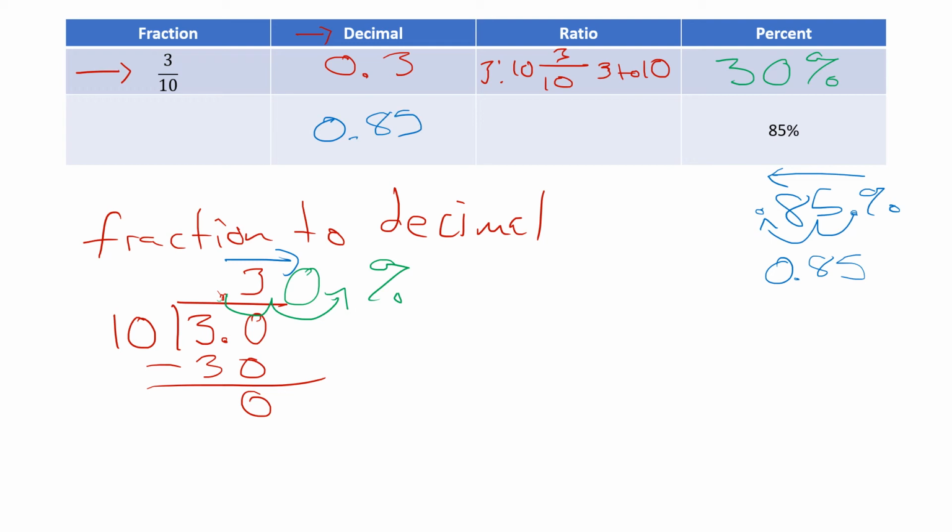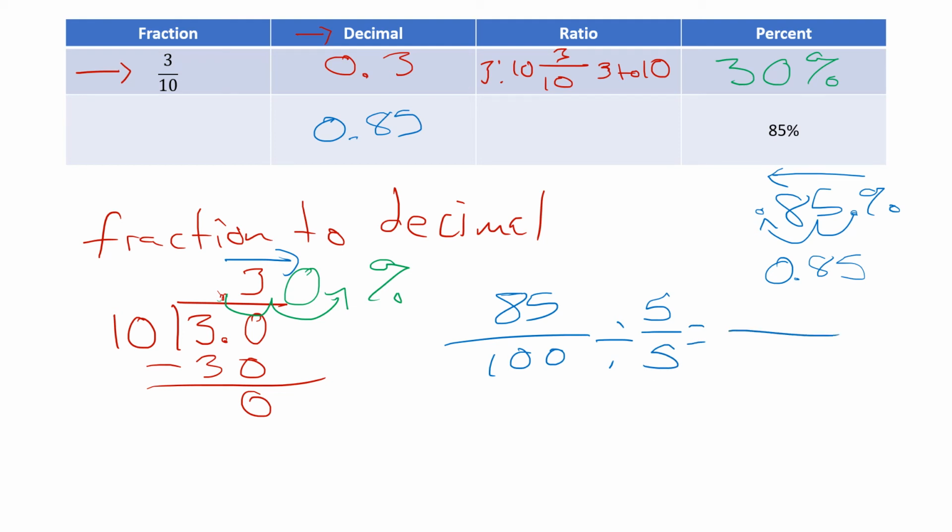Now, we need a ratio and we need a fraction. Well, how do we write a percent as a fraction? This guy is just a whole number. There's no decimal in that percent. So remember, we can write a percent over 100 to make it into a fraction, as long as it doesn't have a decimal in it. So 85 over 100, let's reduce that. Make sure that it's the smallest form possible.